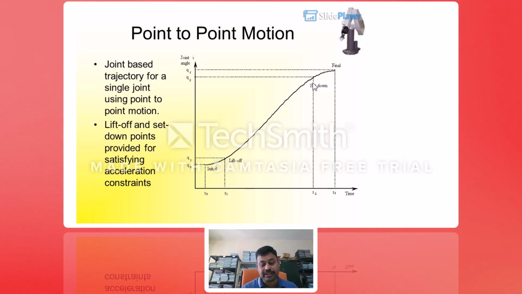Joint angle keeps on increasing, and again what happened? The height set down. This is the final position. So this is the joint based trajectory for a single point using point to point motion. And again lift off and set down points are provided for satisfying acceleration and constraints. That will come later.